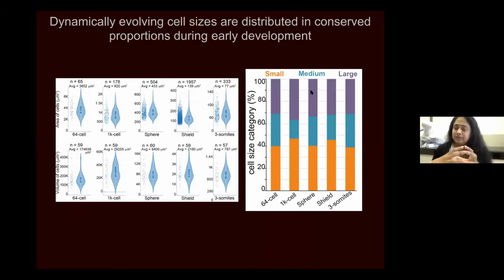So in that collection of cells, there is a certain size distribution, a certain proportionality that is assigned to each size category. And we don't really know how these proportions are set. We'll again come back to this observation a bit later.